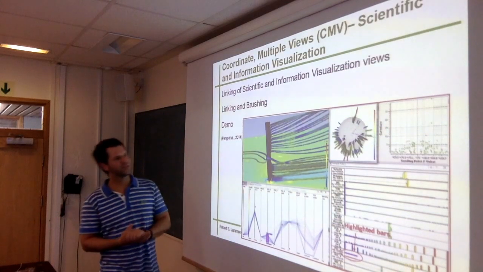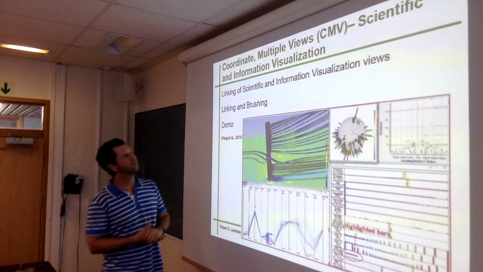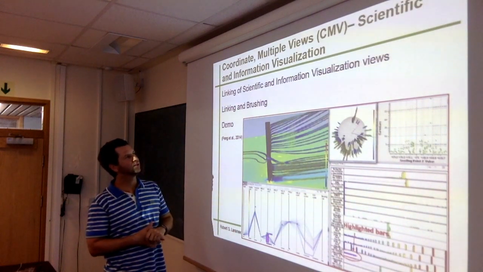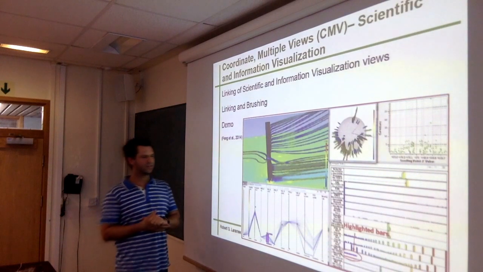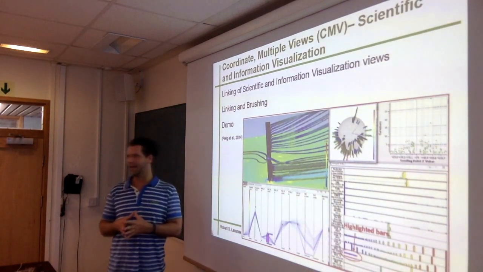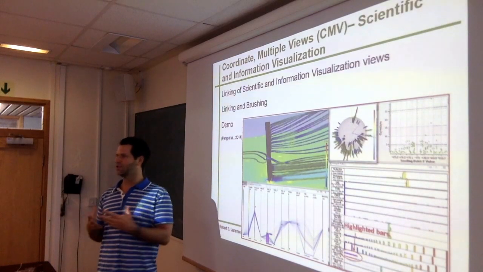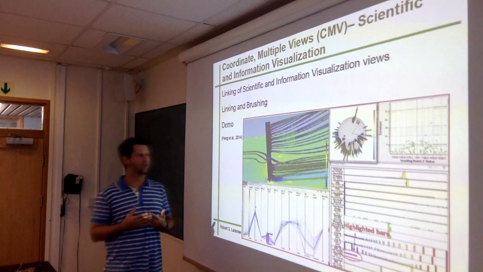This is another style of visualization, coordinated multiple views, sometimes called CMV. This is combining multiple views of the same data in one visualization system. In this case, it's flow visualization.